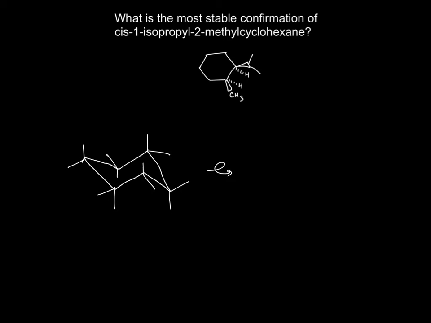I'll do the ring flip, and in the ring flip, I'll make sure that those central bonds are going in the opposite slope or the opposite direction. And then I'll finish my ring off and draw in all of my axials and then all of my equatorials.